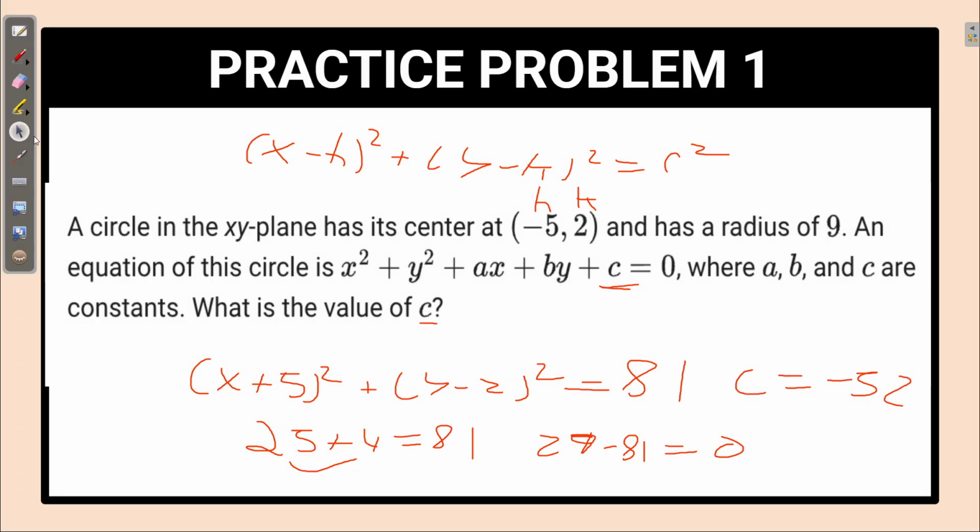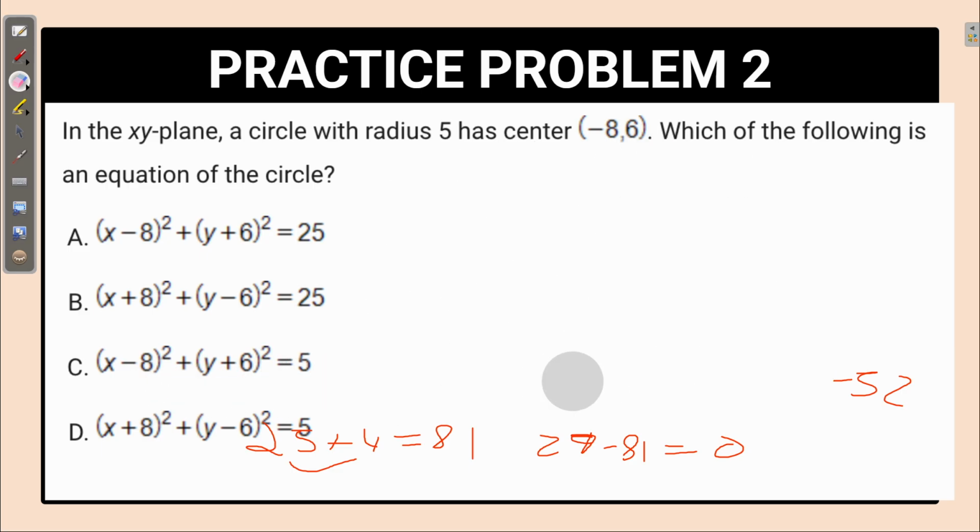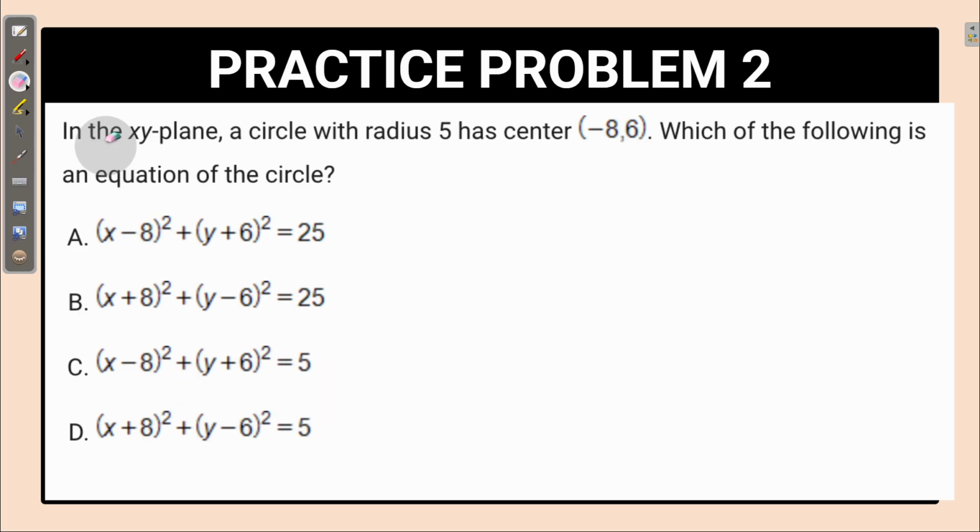Beautiful. Now, the last question deals with finding the first equation of the circle that we talked about in the last problem with the center. Given that this is h and this is k, we have x minus h squared plus y minus k squared equals r squared.